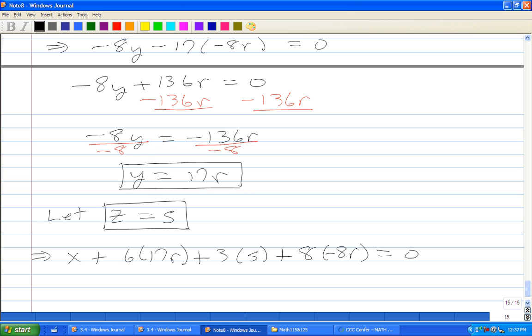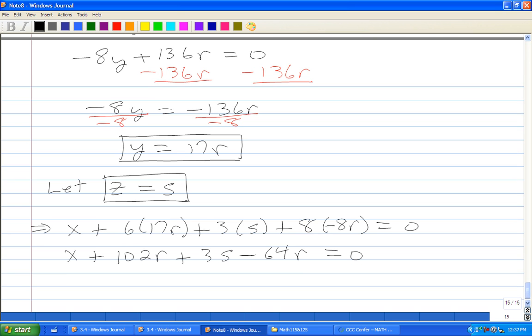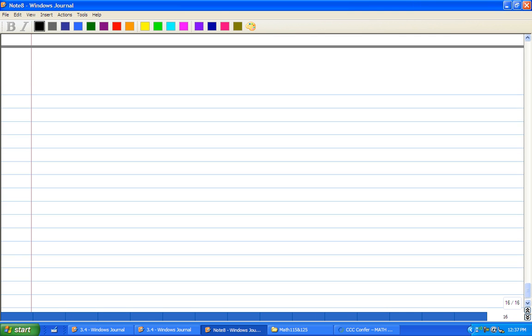Let's solve this. And so I have x plus 102r plus 3s minus 64r is 0. And so I have x plus 38r plus 3s equals 0.